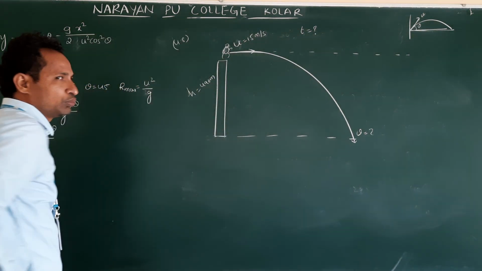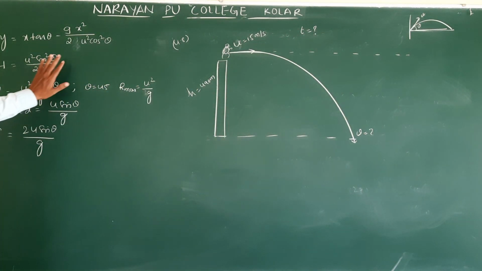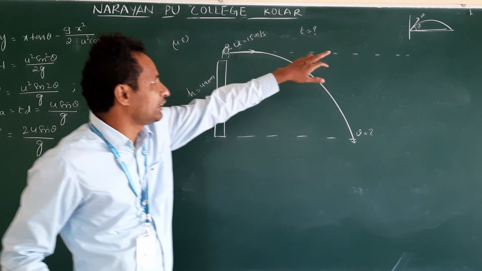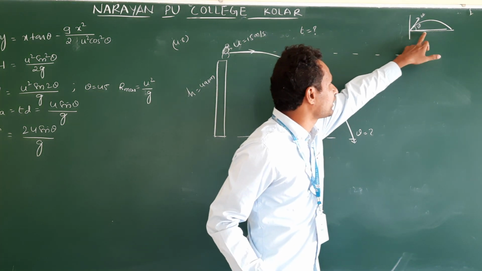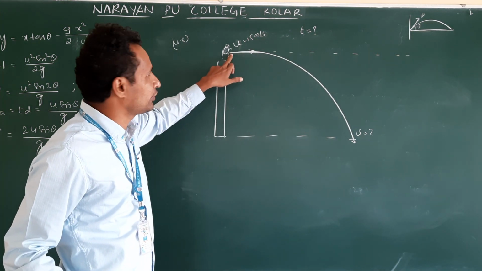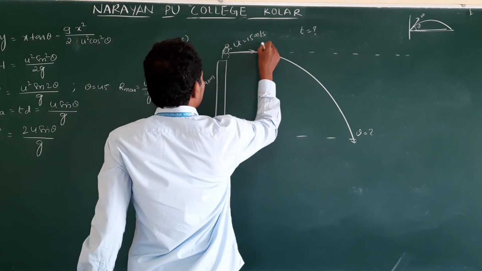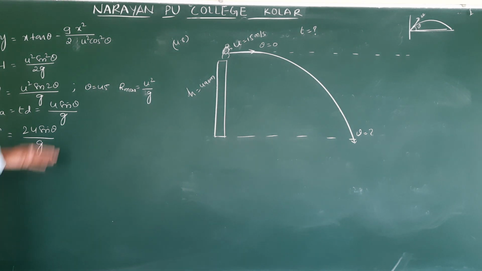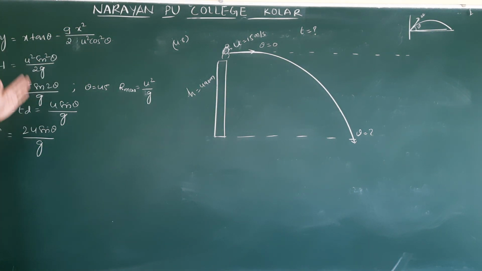But here, don't apply these equations, because theta is the angle with the horizontal, and here there is no angle. The angle with the horizontal axis is 0. If you substitute 0 here, all equations will become 0. Then how do we solve?